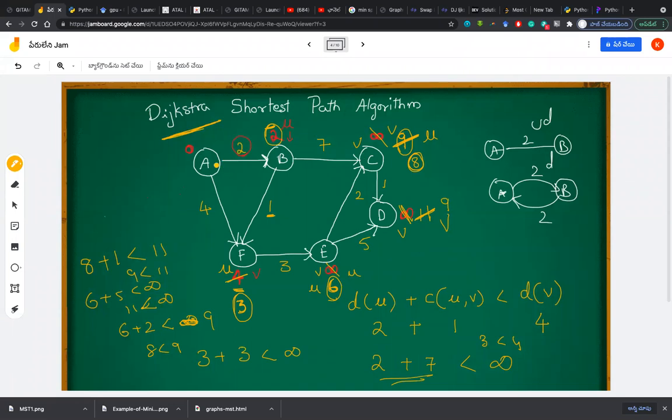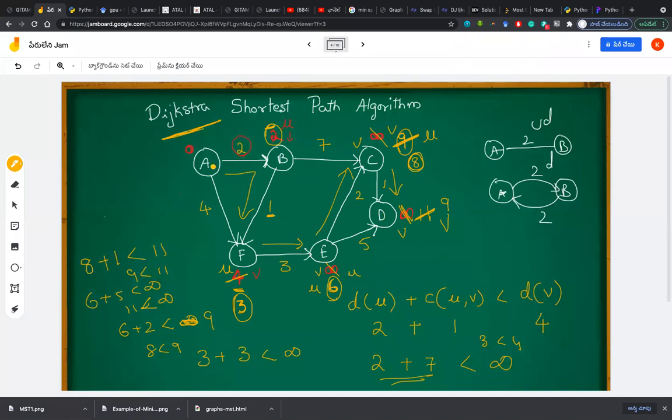If you are starting at A, to reach F, this is the path. To reach C, this is the path. To reach D, this is the path. So you come from A to B, B to F, F to E, E to C and C to D. This has a shorter path compared to other paths.